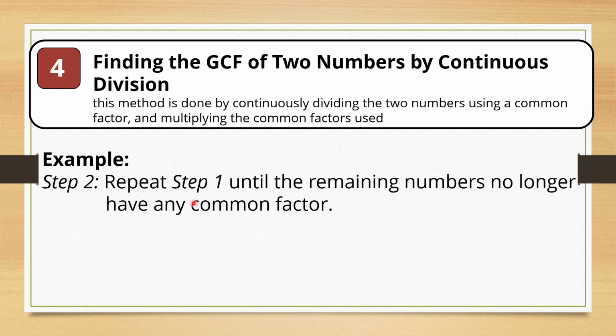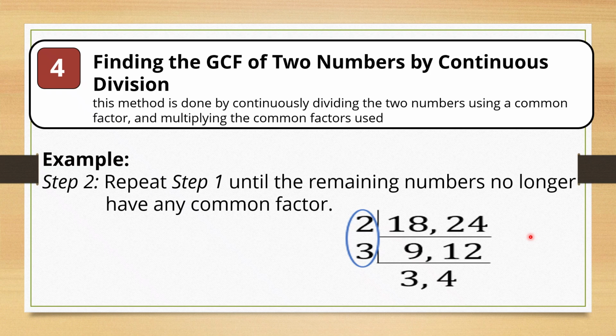Step 2. Repeat step 1 until the remaining numbers no longer have any common factor. As I said, 9 is still divisible by 3, and so is 12. So this is the next thing you should do. 9 divided by 3 is 3. 12 divided by 3 is 4.